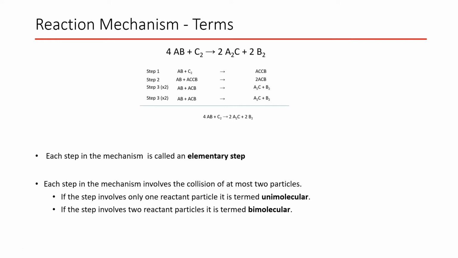So if we look at each of our elementary steps, in the first we have 1 of AB and 1 of C2, so that would have a molecularity of 2. In my second reaction, 1 of AB and 1 of ACCB, so I again have a molecularity of 2. And my third would also have a molecularity of 2, because it's 2 particles colliding. So we would call each of these bimolecular.